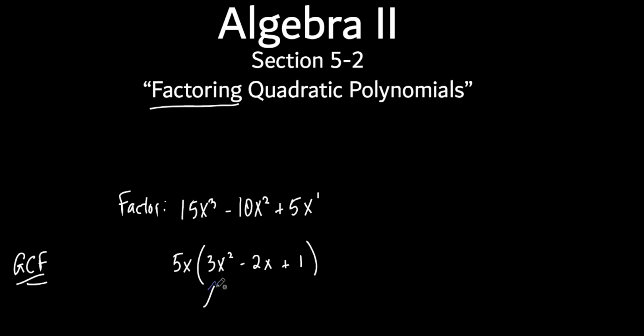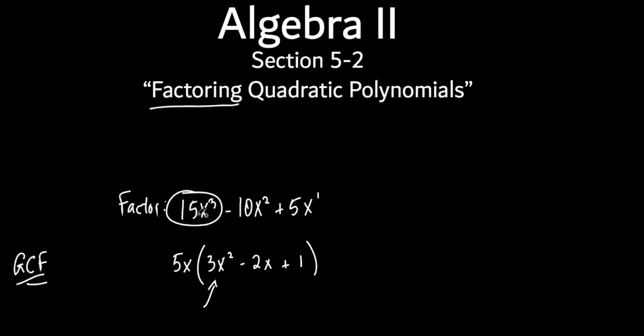Now, how did I get the 3x squared from this? Remember I said earlier, it's not technically division, but you're going to do some division in it. This is where we do the division. So you pull out the greatest common factor, and how do you know what's left over? You take this and divide it by the greatest common factor. How do I know that I can divide it?